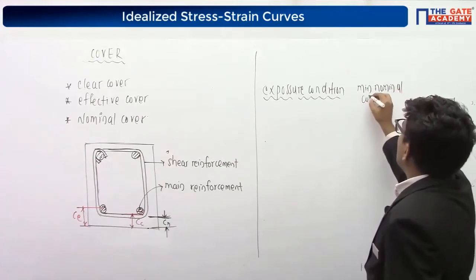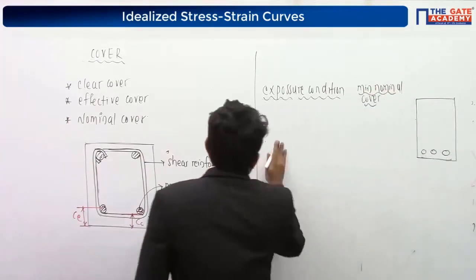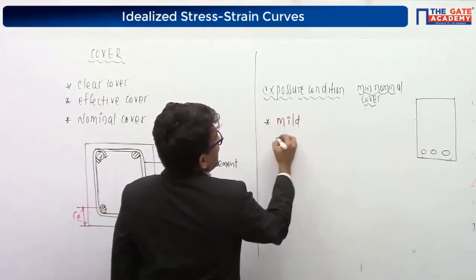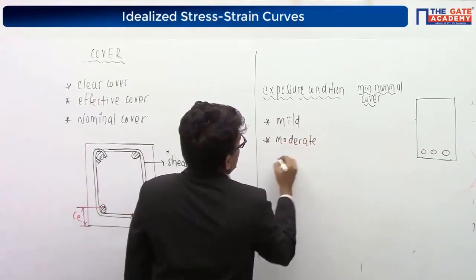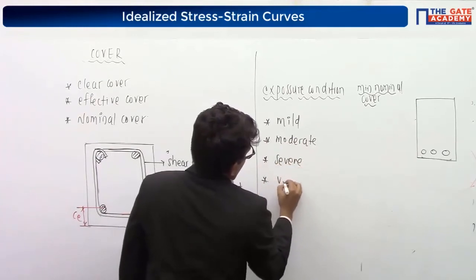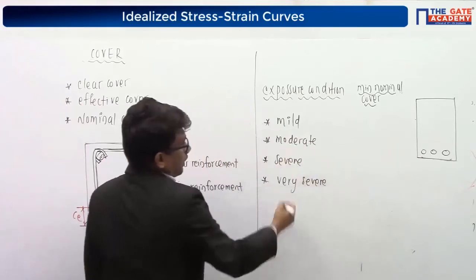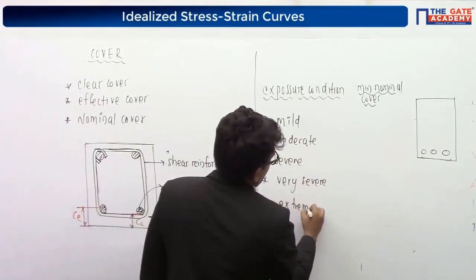We know the exposure conditions, right? First is mild, second is moderate, then severe, very severe, and extreme exposure condition.